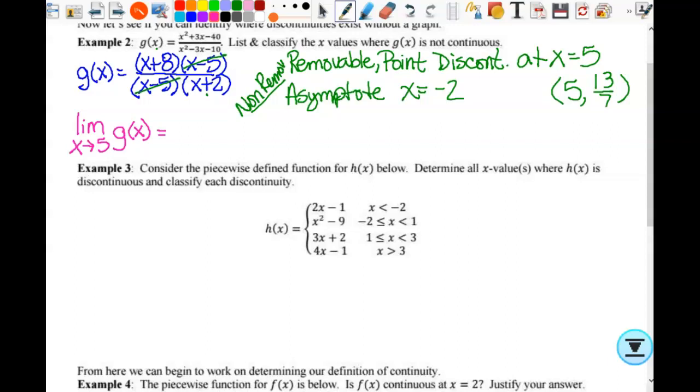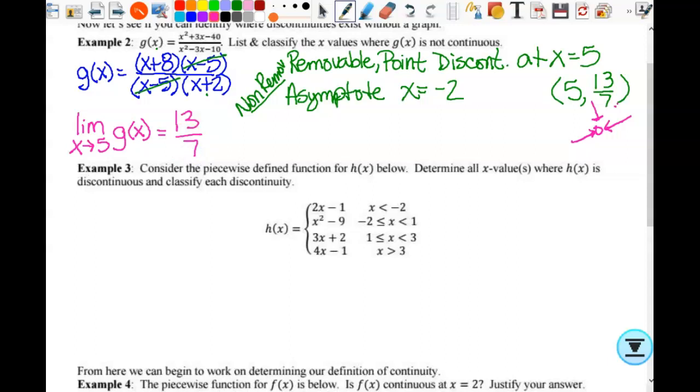Because if I substitute in 5 to the original one, I'm going to get 0 over 0. That's bad, right? I get that because there's a hole there. But whatever this graph looks like, as I approach, there's the hole, and that's where that is right there. So as I'm approaching from either side, my function value is approaching that 13 over 7. Does that make sense to you?